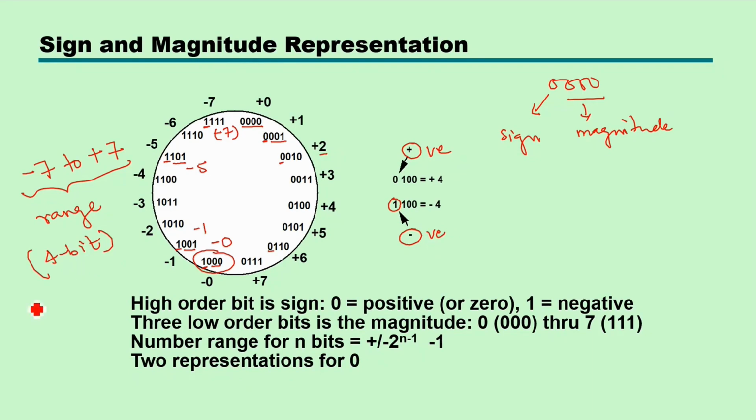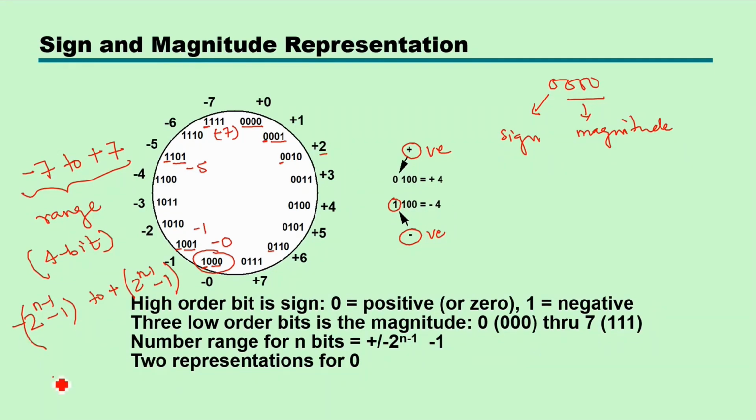In generalized form, the range will be minus (2 to the power n minus 1, minus 1) to plus (2 to the power n minus 1, minus 1). If you put n equal to 4, 2 to the power 4 minus 1 is 2 to the power 3, which is 8, minus 1 is 7.